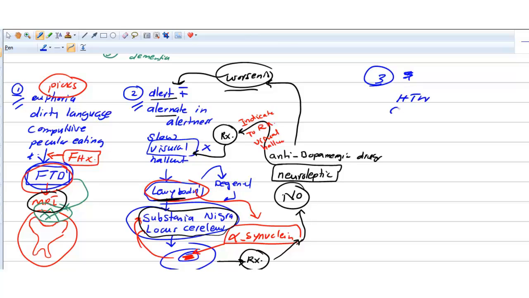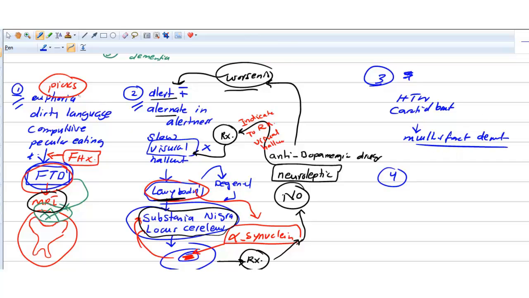Hypertension and carotid bruit, which are very easy, right? The diagnosis will be just multi-infarct dementia. This is not difficult, I don't think you have a problem diagnosing it.